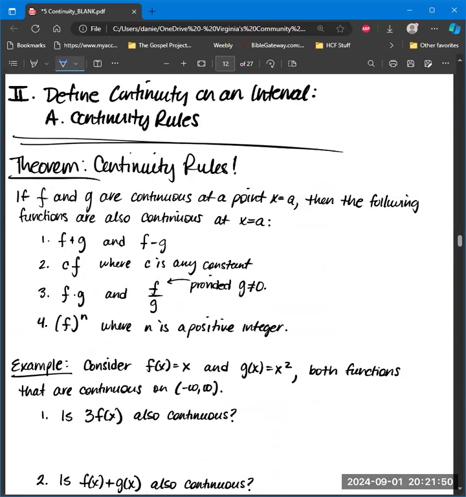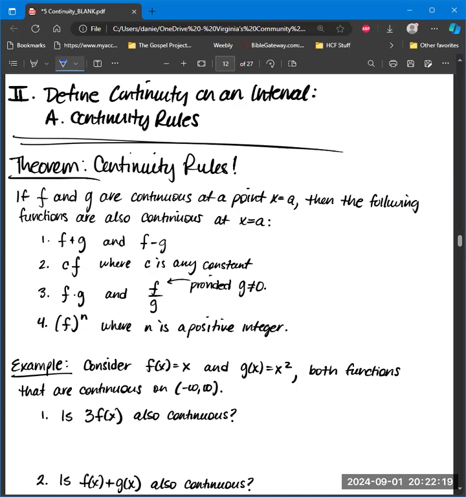Let's move on and let's talk about being continuous on an interval now. So we'll use continuity rules to talk about intervals over which a function is continuous. If f and g are continuous at a point x equals a, then the following functions are also continuous at x equals a. The sum and difference of those two functions will also be continuous at x equals a.